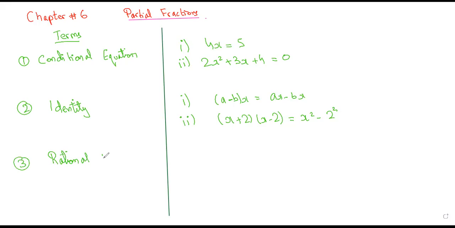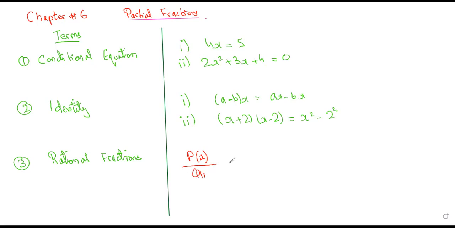rational fractions. Okay. Now this is very simple. We would be having fractions. This means that it would be something of this type. P of x, it would be a polynomial, and then that would be divided by another polynomial.